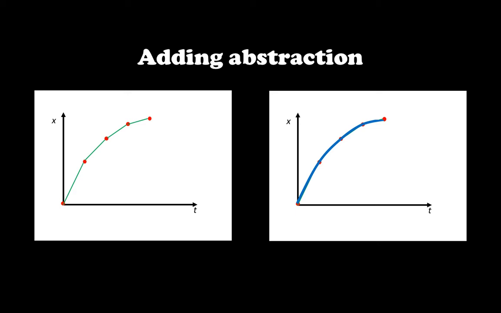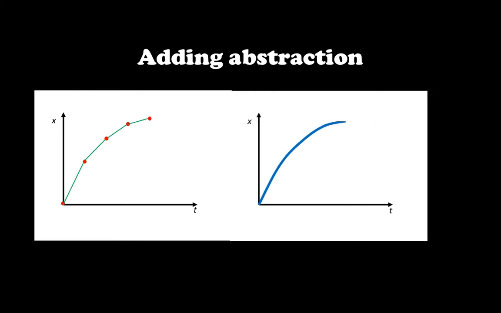On the right, we're extrapolating the behavior between those points. And that's a big deal, because as soon as we make that transition from discrete points to a continuous function, all of a sudden we can do some stuff.